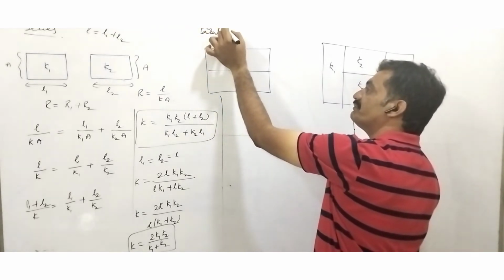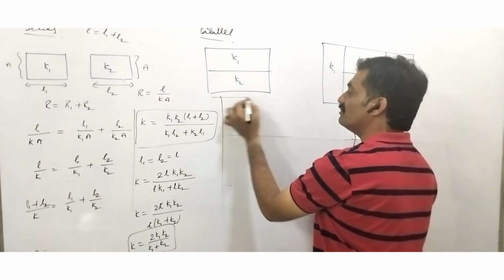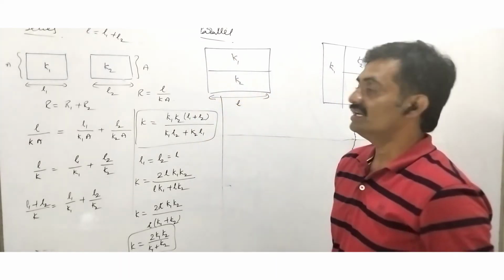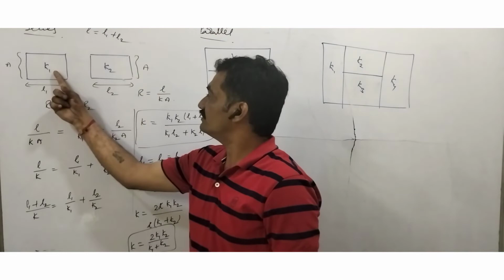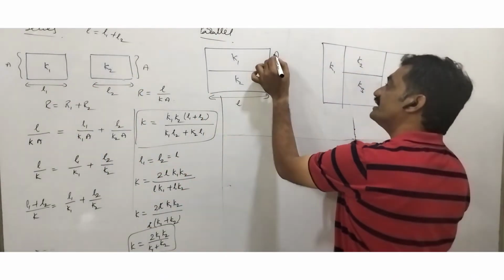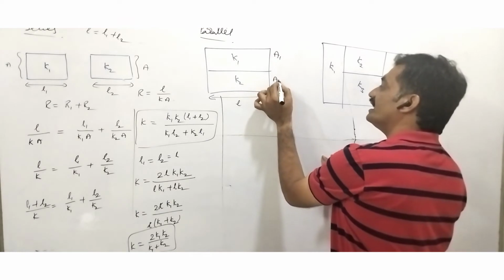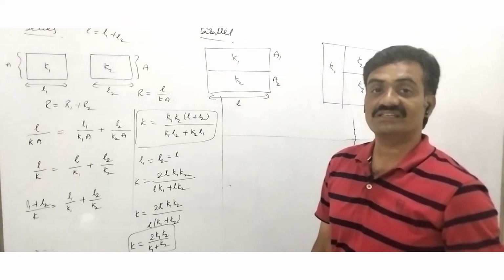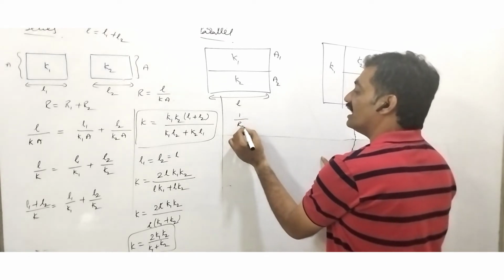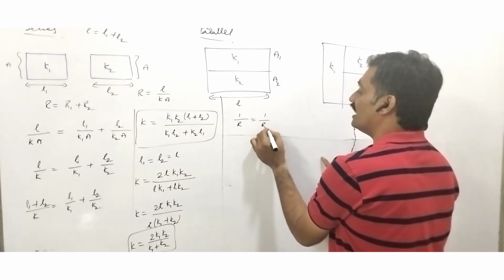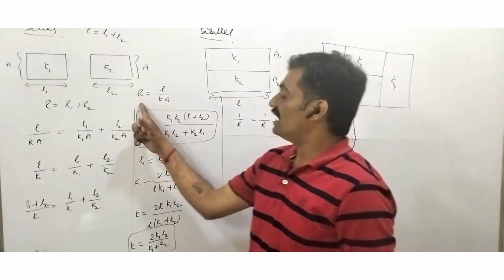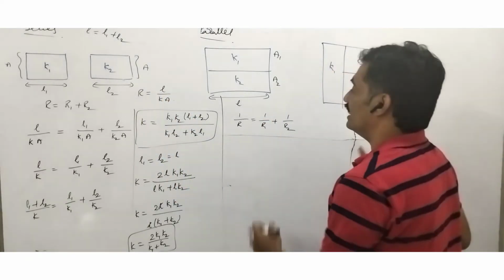In the parallel combination, the length of these two conductors is the same, whereas the area of the first conductor is represented as A1 and the area of the second conductor is represented as A2. Now here we know that 1 by R equals 1 by R1 plus 1 by R2, and we know that R equals L by KA.